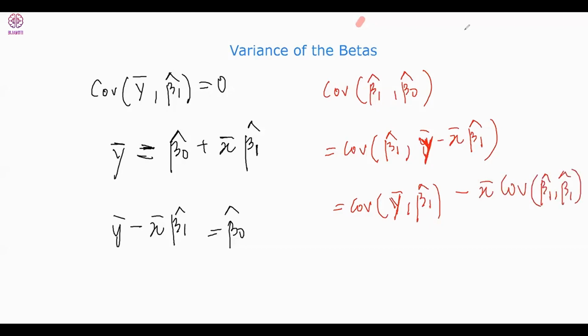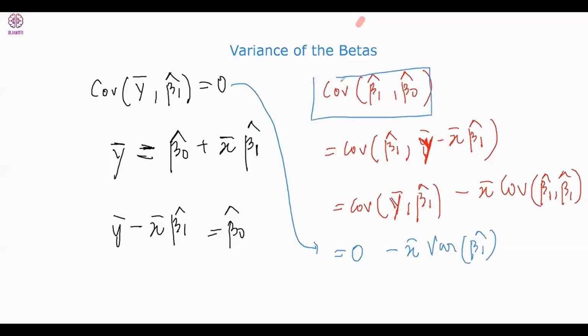That is the variance of beta 1 hat. Very good, so we have done this.